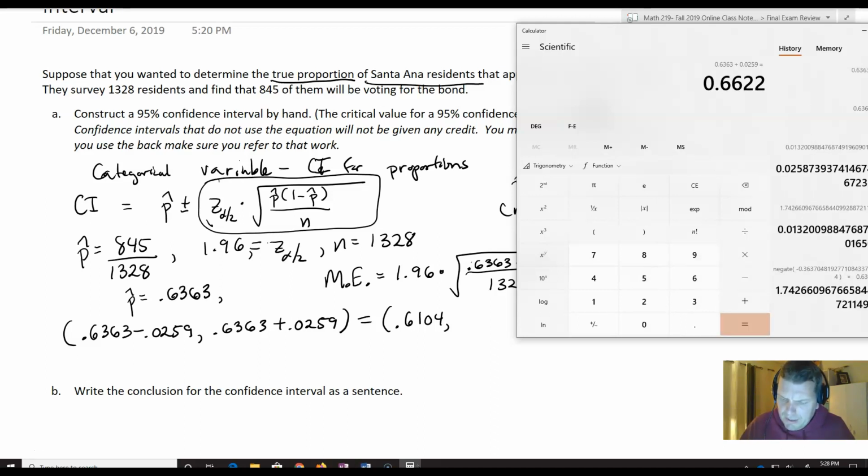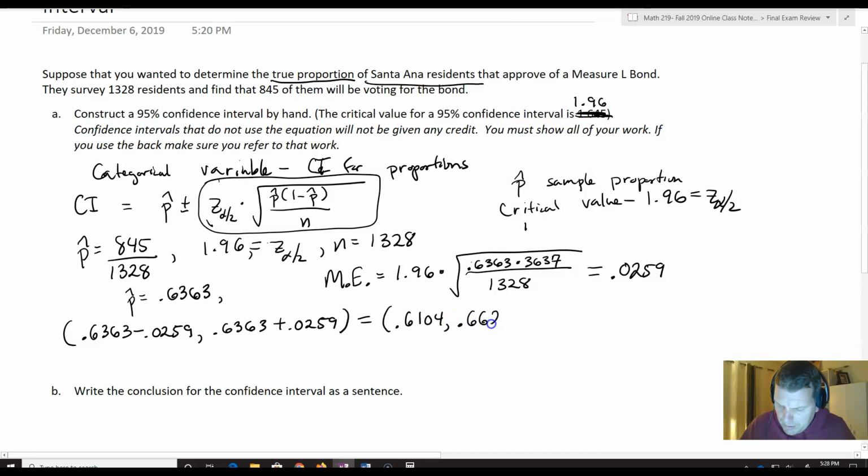And that will equal 0.6104, comma, 0.6622. And that's our confidence interval.